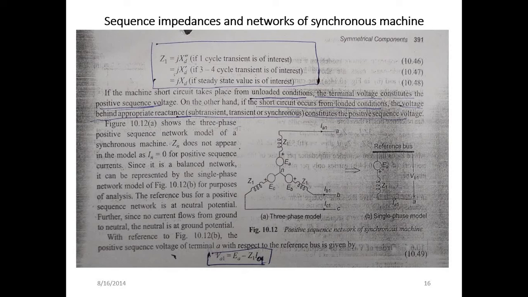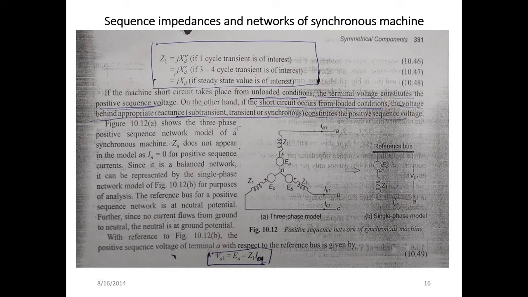So if the time delay is there, the reactance also changes. If considered for a 3 to 4 cycle transient, it is represented by jXd dash, the transient reactance. And in the steady state condition, Z1 is equal to jXd, where Xd is the direct axis reactance.